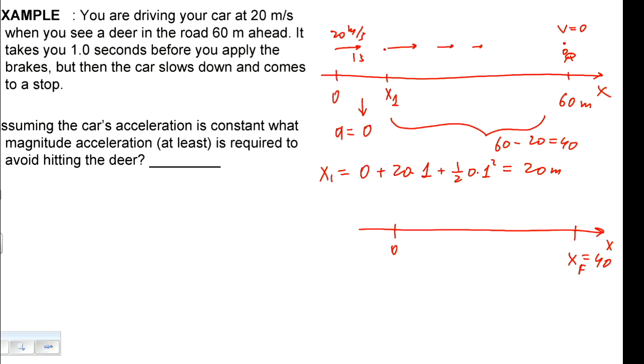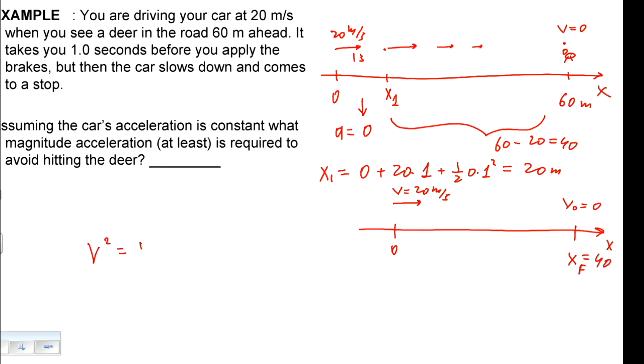And now we get again a trivial problem about motion with constant acceleration. The initial velocity here is still 20. The final velocity here is 0. The distance traveled is 40. And because we don't care about time, right now we can use that third equation, which has no name.